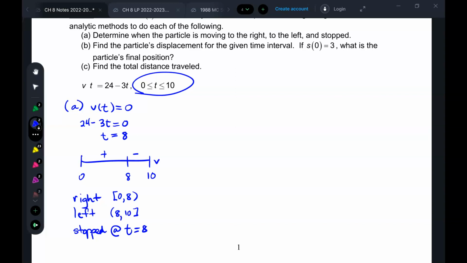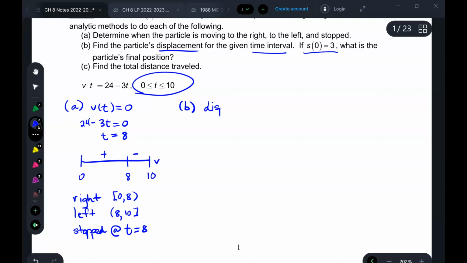Okay, now for B. We want to find the particle's displacement over the given time interval, so from 0 to 10, and we know S of 0 equals 3. So what are we trying to find? Let's look at displacement first. So the displacement equals, what was it?